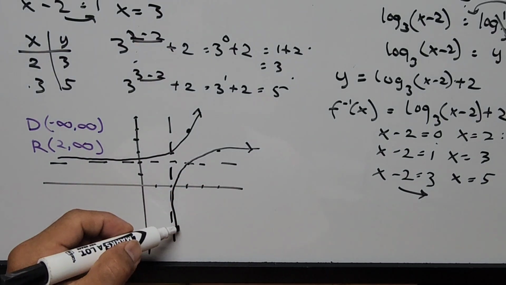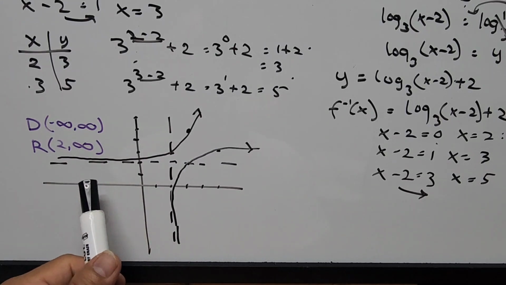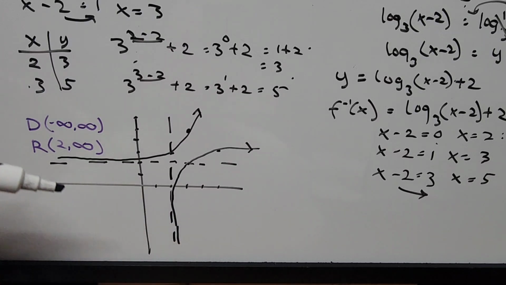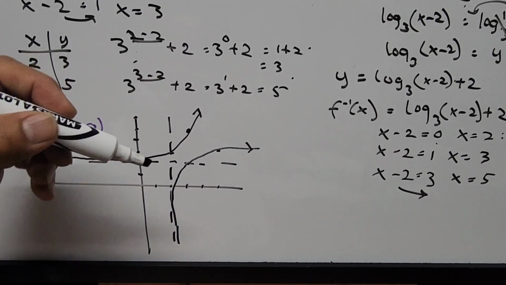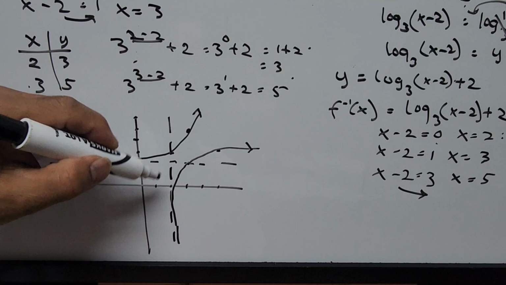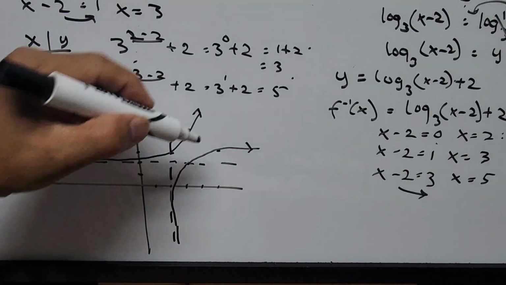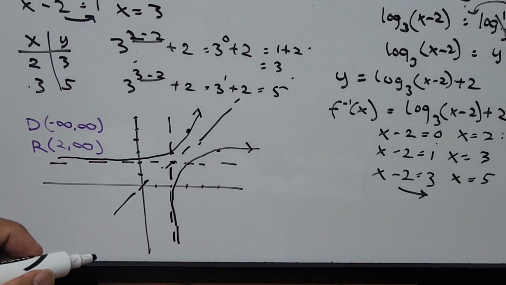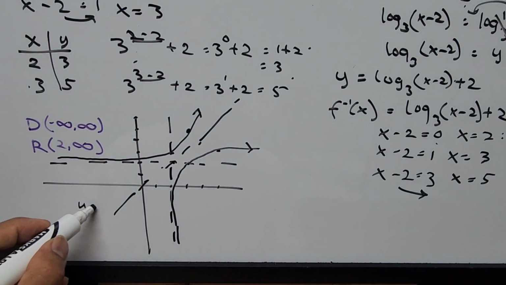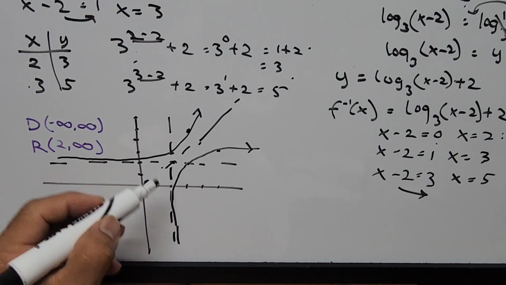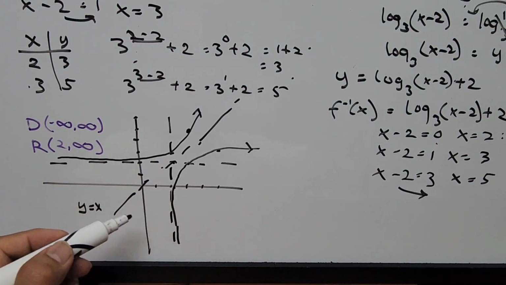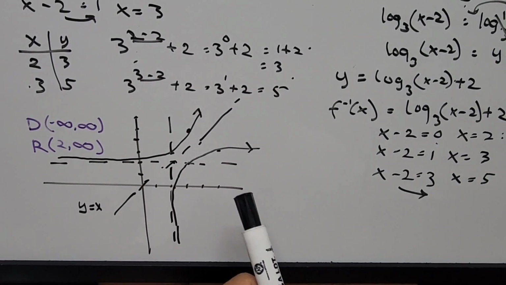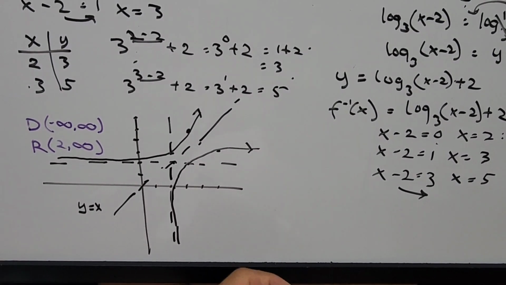So if you notice, this is a direct reflection of the exponential function, right? The graphs flip over a 45-degree line, y equals x, that passes through the origin. So it's a perfect mirror. All right, and so for the graph of the logarithmic function, what are the domain and range?